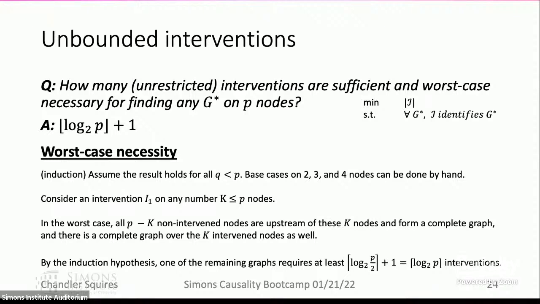And then because of this division by 2, basically log base 2 of p minus 1, and then I add the 1 back. So that's how many interventions are required to do the remaining part, plus the one intervention that I already used. So that's what's giving me satisfying the induction hypothesis at greater values.